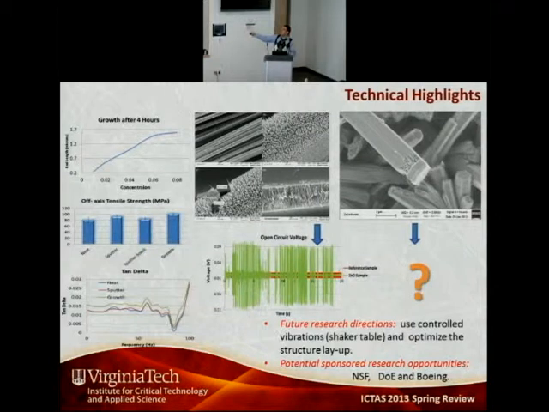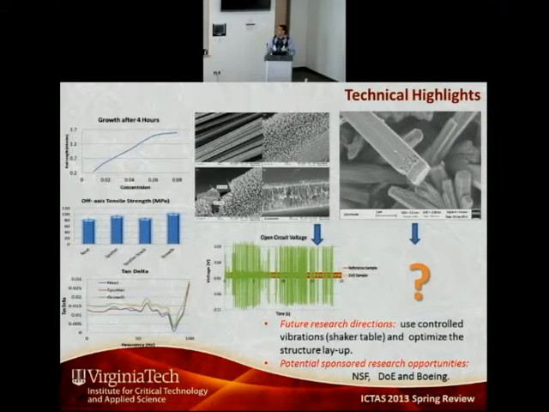So the next step is to grow carbon nanotubes on zinc oxide. So basically we have succeeded to do that experimentally. We see here that we have the zinc oxide nanorods with carbon nanotubes basically covering the nanowires. So if we look here, those are the carbon nanotubes covering the zinc oxide nanowires.